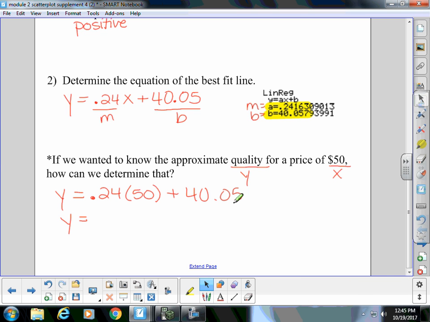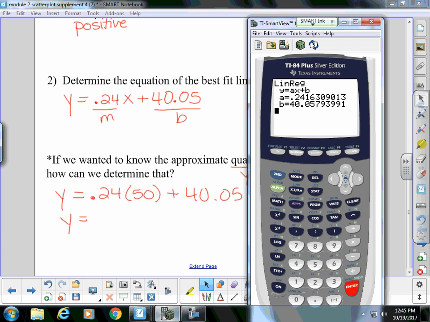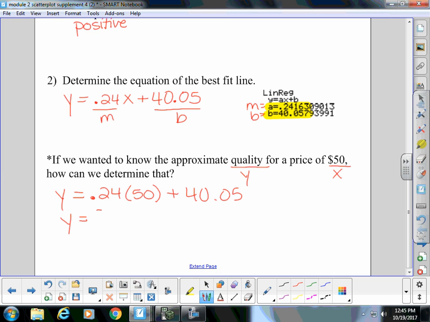So, bring my calculator back up here. Clear this out. So I'd say 0.24 times 50 plus 40.05 equals, so I'd have a quality rating of 52.05, or approximately 52.